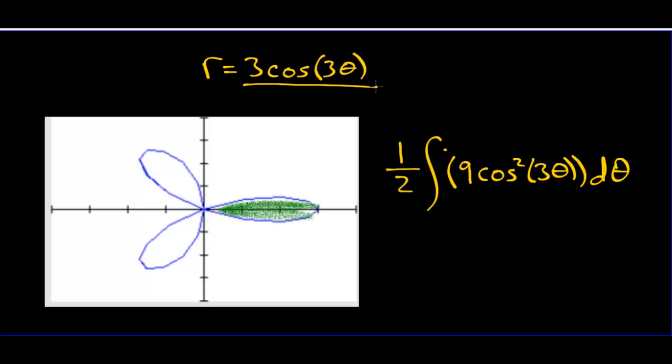Now what I've got to do is figure out what my bounds are. Now if you notice what r does, r goes this way, right? When the angle is 0, it's out here at 3, and then it goes like this, but notice that the radius gets back to 0.